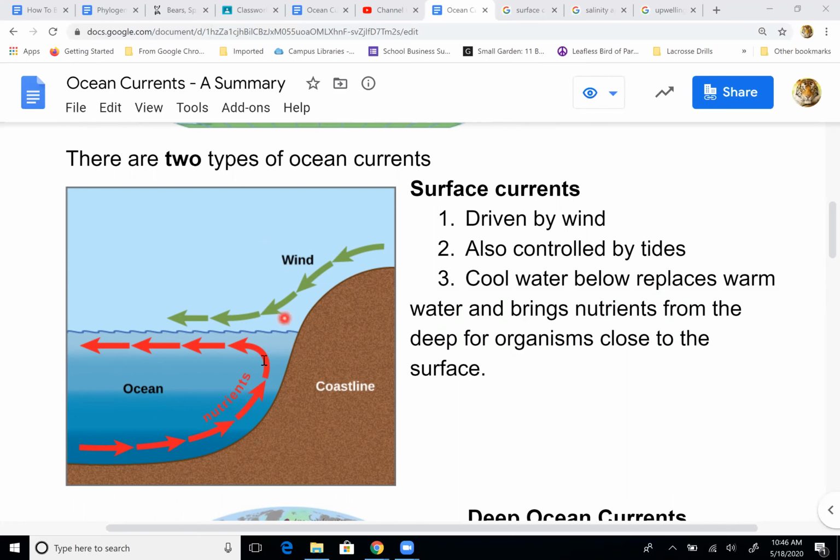When food comes up, there are a lot of animals that live in the top part of the ocean, and they get to eat the food. So wind and surface currents bring food up from the bottom of the ocean because the wind pushes the water, and the water from the deeper part replaces this water that's being pushed out. Those are surface currents.